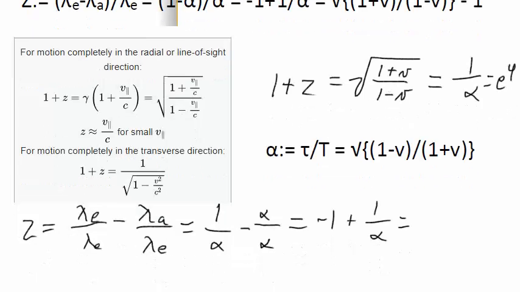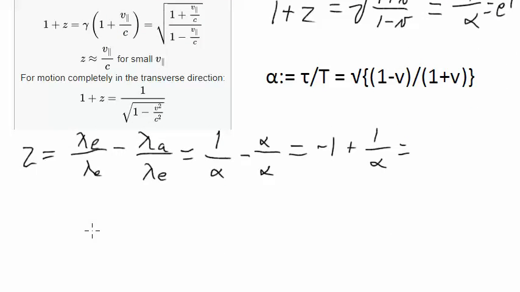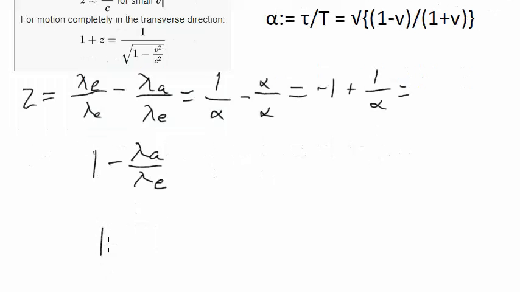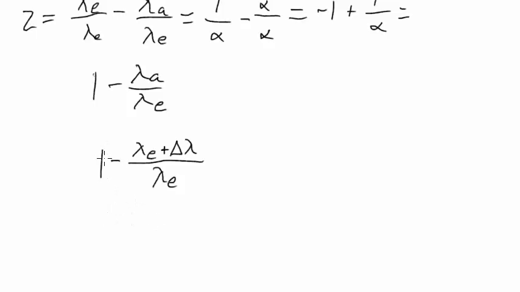So yeah, z equals lambda e over lambda e is going to be 1 minus lambda alpha over lambda e, lambda absorbed divided by lambda emitted. So lambda absorbed is going to be like lambda emitted plus some delta lambda over lambda emitted, which in turn, so 1 minus 1 minus, so negative delta lambda over lambda emitted.